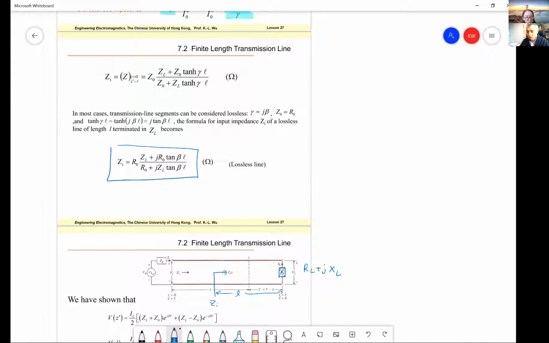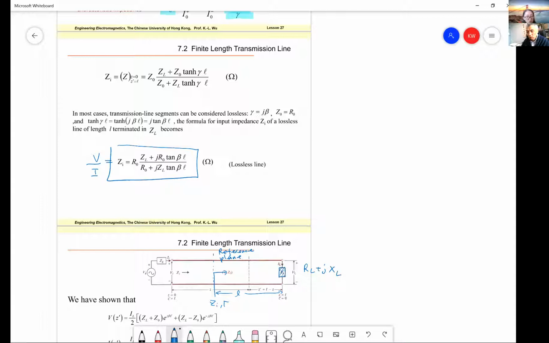This impedance is the total voltage divided by total current. For a given reference plane, we can find the impedance, and also the reflection coefficient.